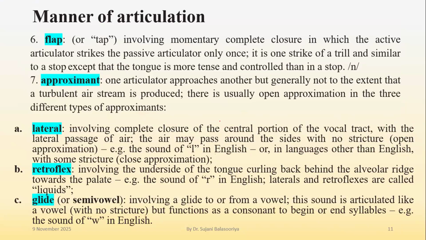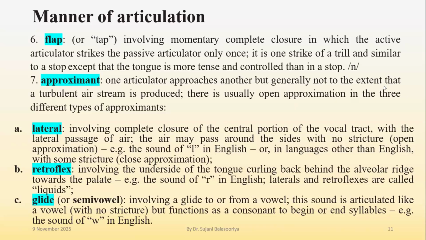Earlier, when we talked about the fricatives, I was telling that one articulator and the other articulator are approaching each other, leaving a space in the middle, and the airstream is forced through that space, producing friction, right? In approximant, one articulator is approaching the other articulator, but not very close, so that a turbulent airstream of friction is not produced.